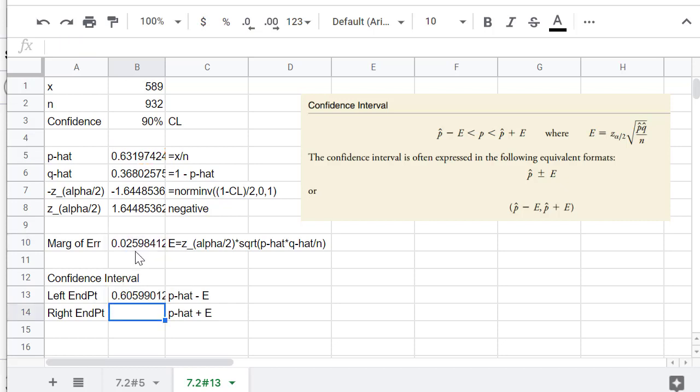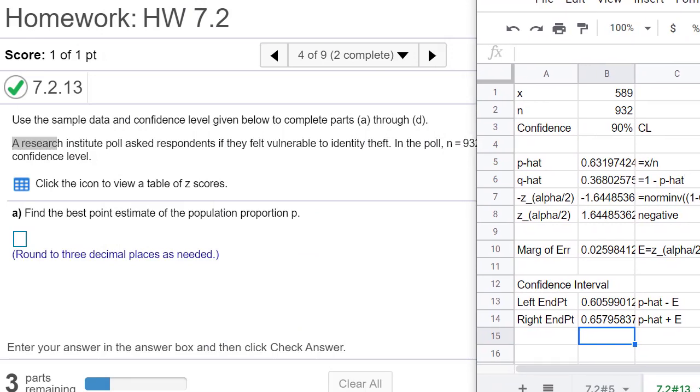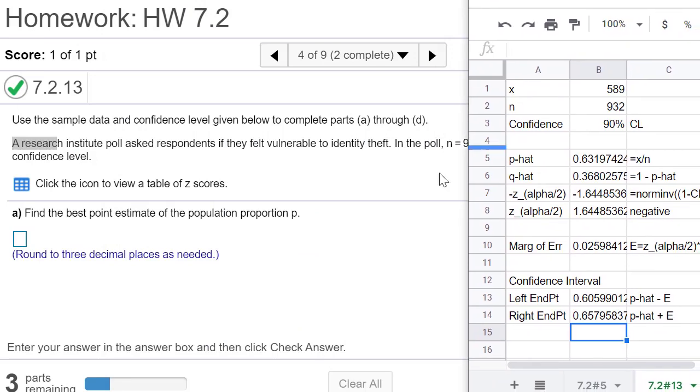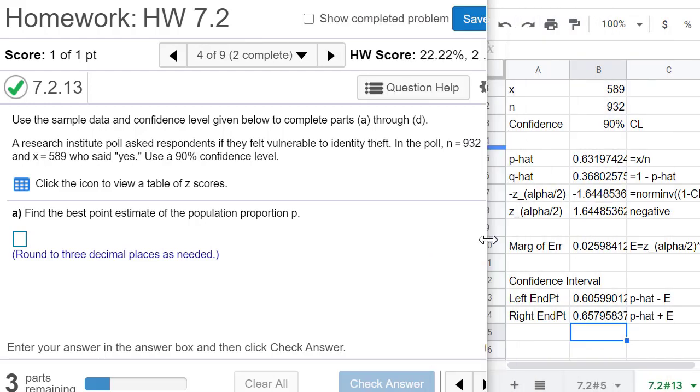Similarly, equals P hat plus the margin of error. And we have all the values that we need to answer questions A through D.